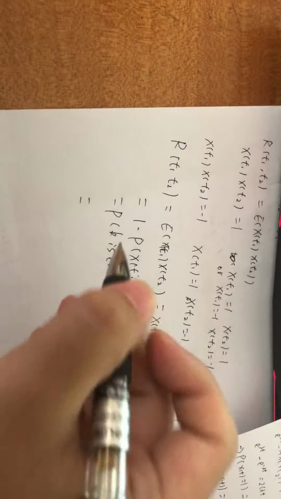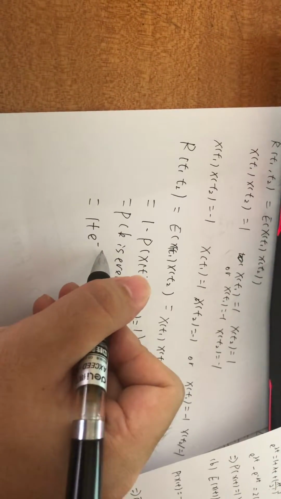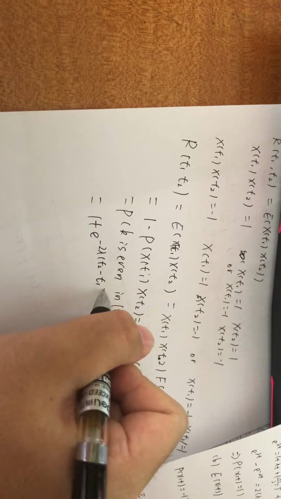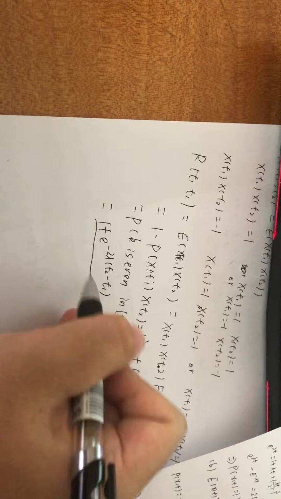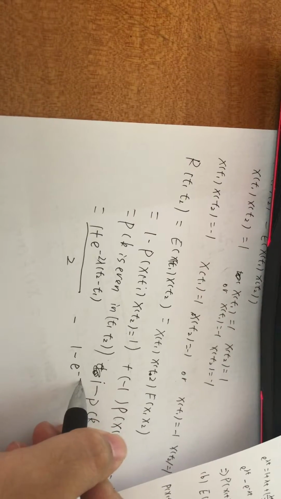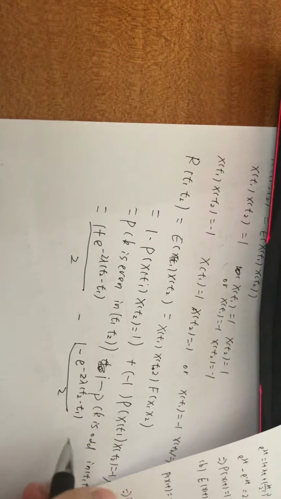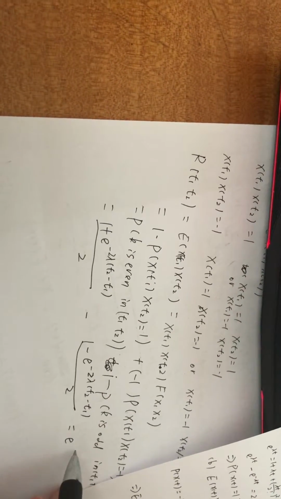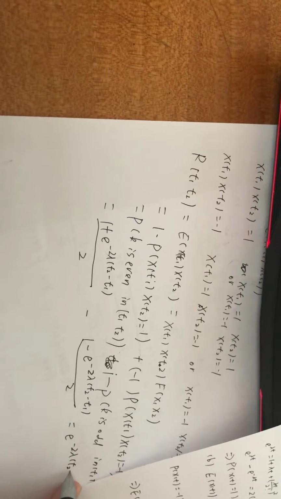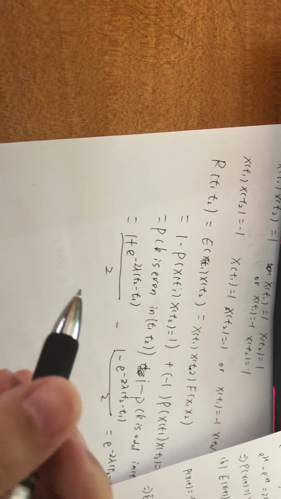We just change the t to t2 minus t1, and we just get 1 plus e exponential negative 2 gamma (t2 minus t1), because t2 greater than t1, divided by 2, and minus 1 minus exponential negative 2 gamma (t2 minus t1), divided by 2, and simplify, we got e to the minus 2 gamma (t2 minus t1). So this is for t2 greater than t1.